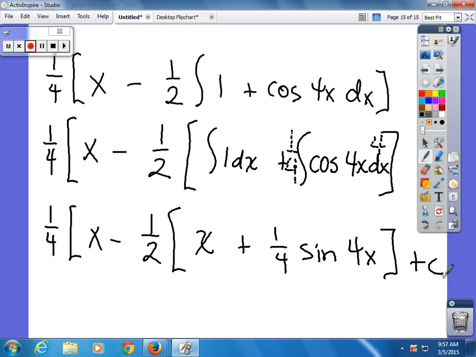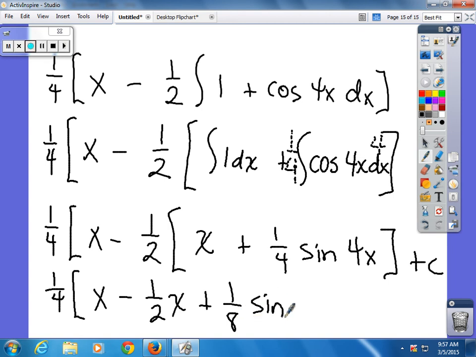And then we can, let's see, we've got to be careful here because we've got to distribute this. So that'd be 1/4 brackets x minus 1/2 x plus 1/8 sine of 4x plus c, and then distribute the 1/4.